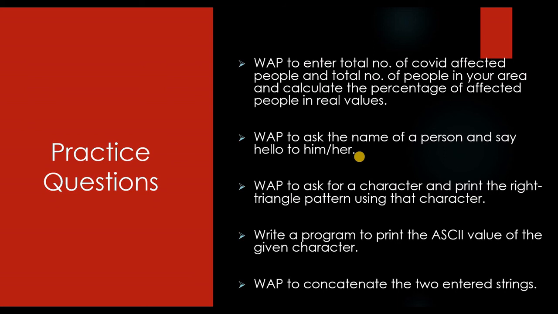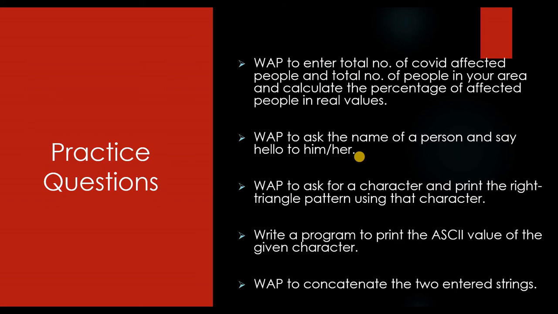The third is, write a program to ask for a character and print the right triangle pattern using that character. The right angle triangle pattern which we printed in the last video, now instead of that star or @ symbol, you have to use the symbol which is entered by the user. The next is, write a program to print the ASCII value of the given character.